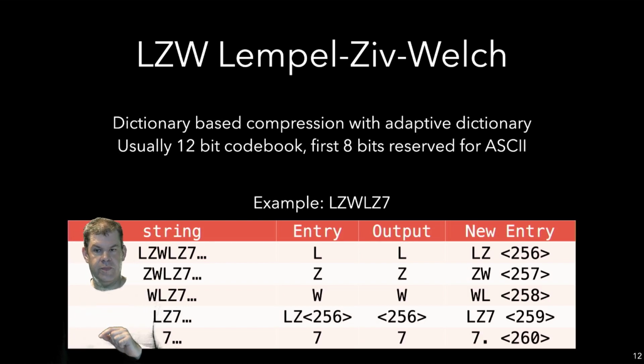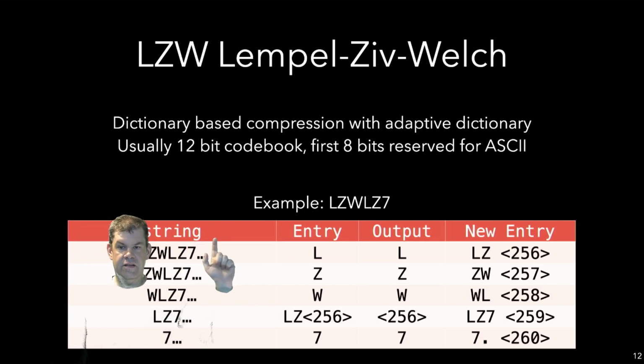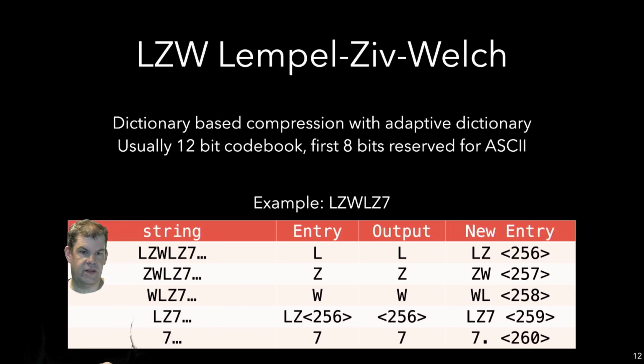Well, we do the following. If we want to encode something, let's say the string LZWLZ7, that's supposed to be our input, or rather the prefix of the input. Let's say the data continues a little bit, but that's how it starts. We again start with the first character, and there's not much we can do except store the L. So we output the L. But in addition to that, we do one more thing that is not part of the output, just something in our internal data structure.